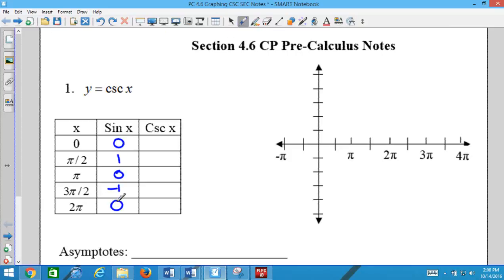And so cosecant, if I reciprocate 0, I'm going to get undefined. Reciprocate 1, I still get 1, and then we have undefined, -1, and undefined. And wherever we have an undefined, that's going to give us an asymptote.